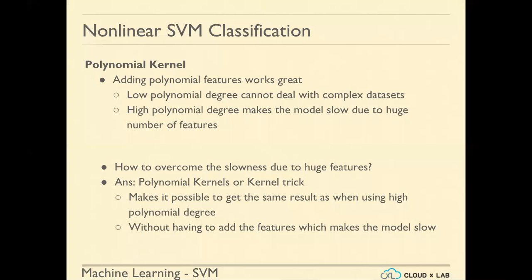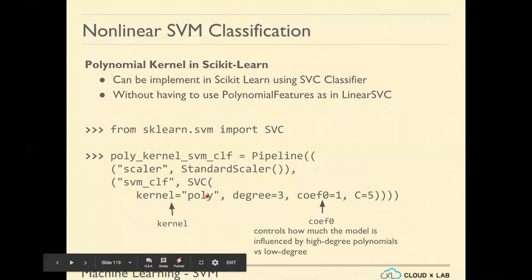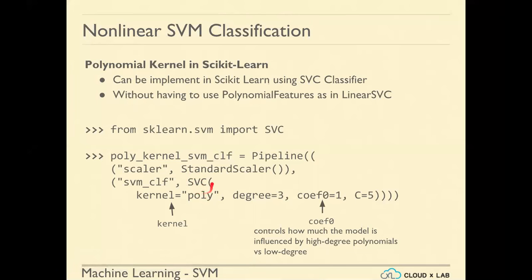Without adding so many features, we can achieve the same result as the high degree polynomial, even better than that. So this is a feature provided by SVM, and we call it the kernel trick. All we have to do is, instead of saying kernel is linear, we say poly. And instead of using linear SVC, we'll use SVC with kernel equals poly. So that's the difference between the two.